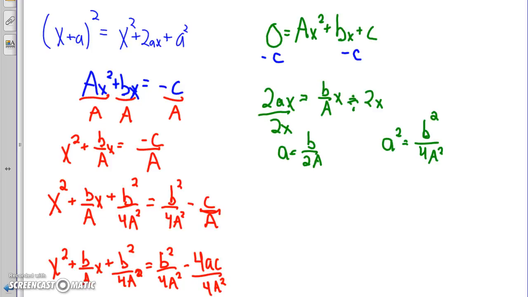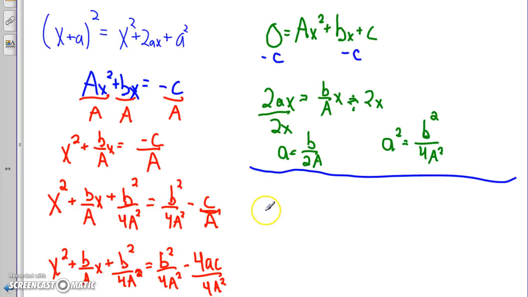All right, now we're going to start making this look nicer. Okay, so this left-hand side, now that I have it written like this, I can write it like that. That's the whole purpose. We have completed the square, therefore we can use this special form to write it like that. So I'll do that in blue here. So this now looks like, instead of this whole side, I'm going to write it as x plus a, squared.